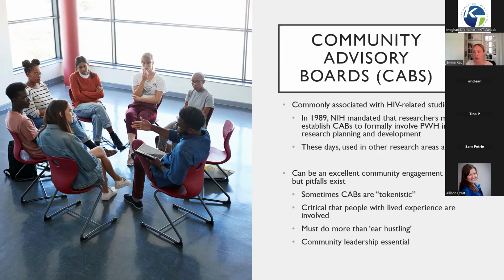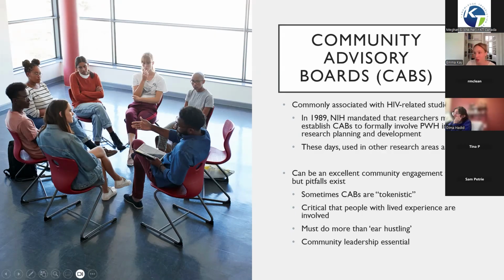And so, worse than anything, in my opinion, is having a CAB that is tokenistic. Again, CABs can be a great way to integrate community expertise, and definitely you want a community leader in your CAB, but they can be done the wrong way. So just throwing that out there.